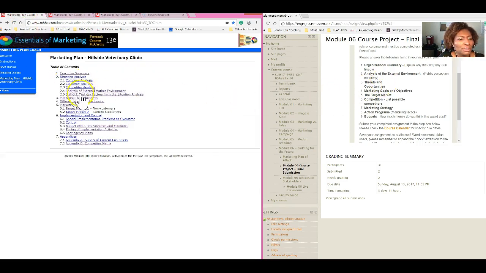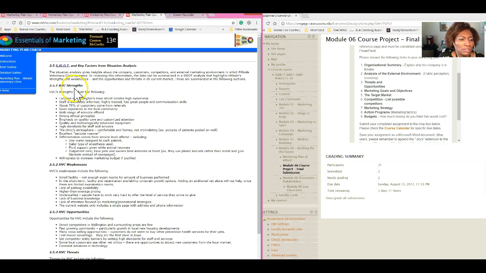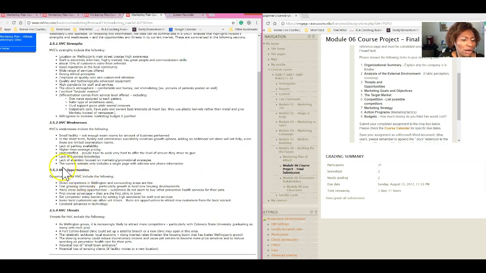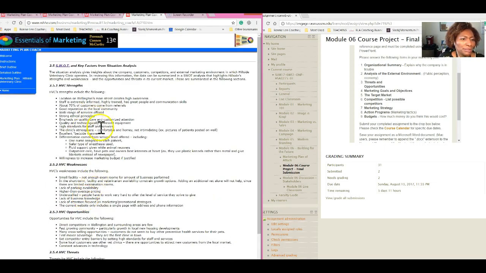Then we go to threats and opportunities, which is from our SWOT analysis. And as you can see, they listed, which you also need to list, all the components of your SWOT. You have your strengths, your weaknesses, your opportunities, and your threats. So make sure you list each of those components.